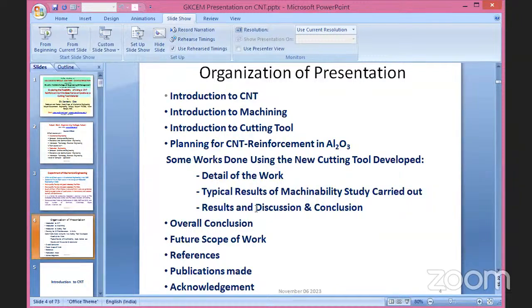That will be demonstrated here. So the details of the work, then typical results of the machinability study carried out, and results, discussion and conclusion for each of the experimental setups will be highlighted. Then I will draw the overall conclusion, then the future scope of work, then references, some publications made out of this work, and the acknowledgement.